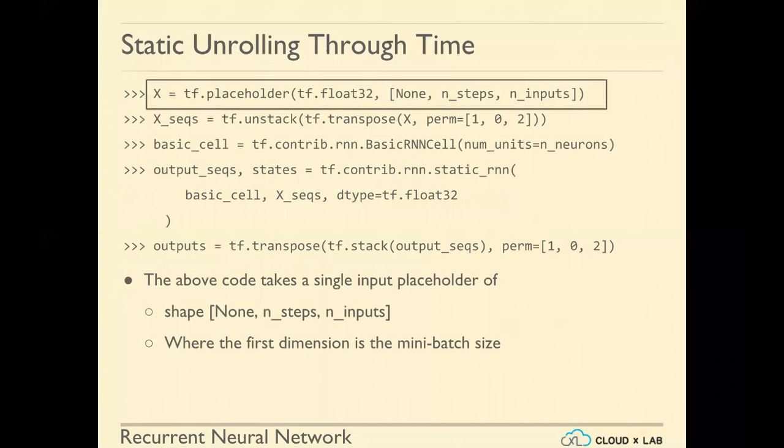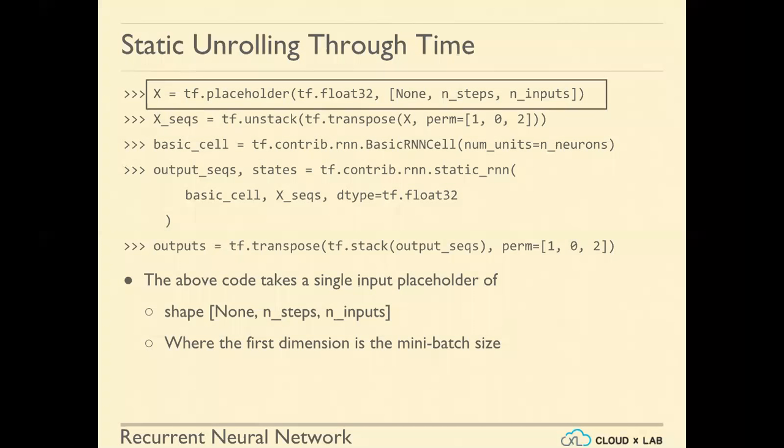So here we are defining X as a three-dimensional vector. Number of instances is the first dimension. Number of steps is the second. Instead of saying x0, x1, we make that part of the dimension, part of the vector itself, and then the number of input features.